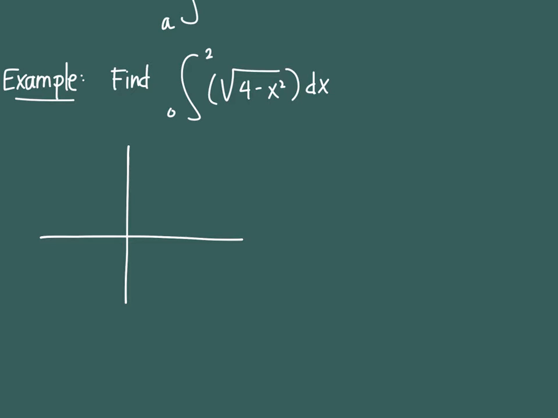So the square root of 4 minus x squared is a semicircle of radius 2. It's the upper half. And so we have a nice semicircle, perfect radius of 2. And my limits are limiting me to the boundaries from 0 to 2, so I'm only limited to this first quadrant. And so if you can think of this in geometric terms, then all you've got to do is know some geometry.